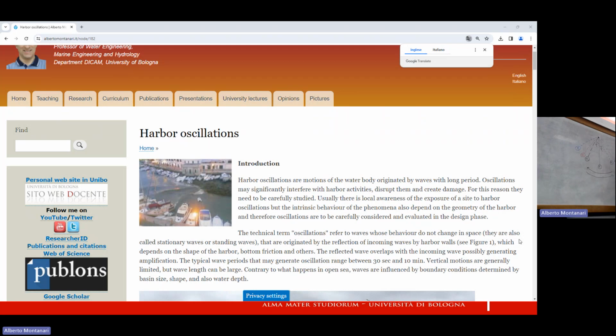So for instance, think of a bridge over a river. Here you have the river, and here you have the bridge with the foundations. The bridge is subject to oscillation.